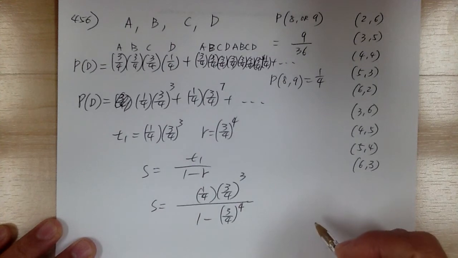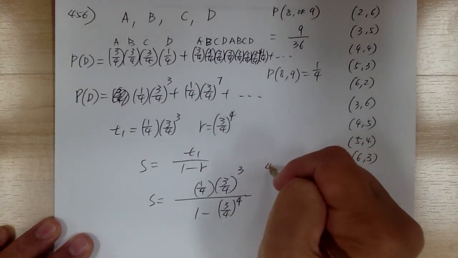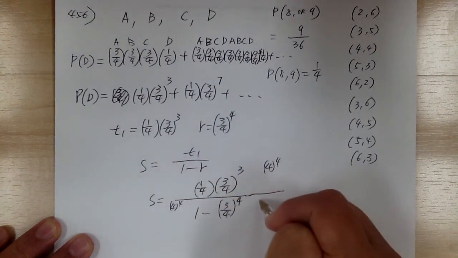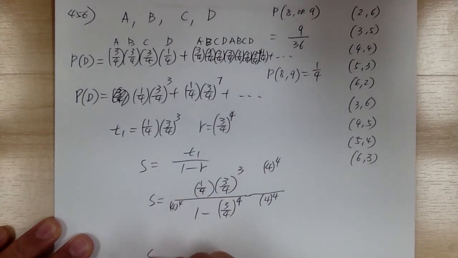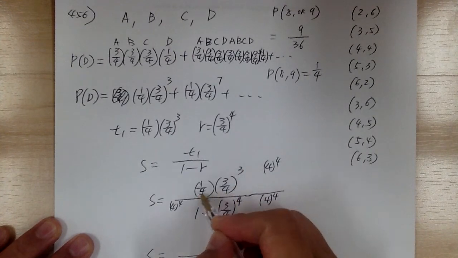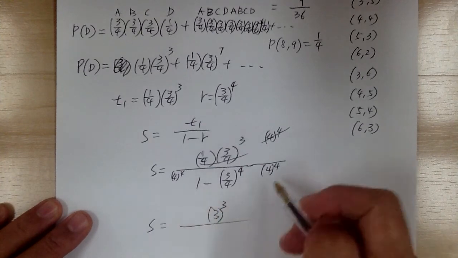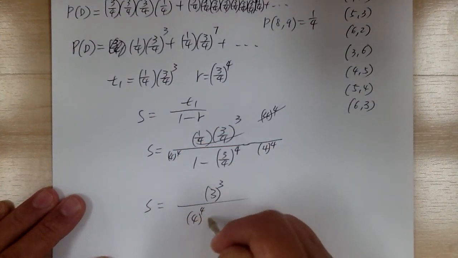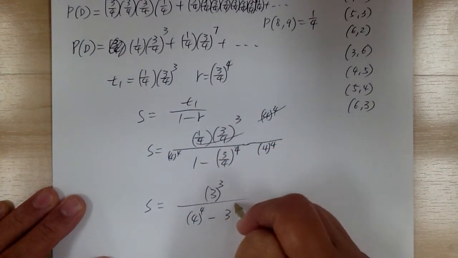Because this is easier to figure out. What we're going to do is multiply by 4 to the 4 power to get rid of the denominator. Notice that there is a 1 here and a 3 here, so this will cancel out. So you get 3 to the 3 power. This one does not cancel, so this would be 4 to the 4 power minus, and this will cancel with the bottom, so you get 3 to the 4 power.